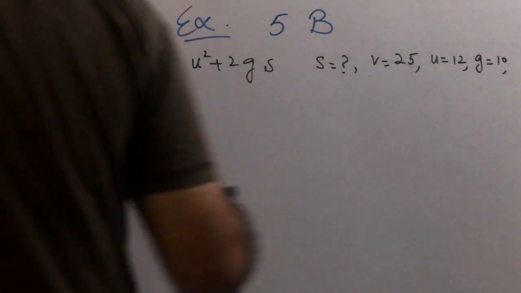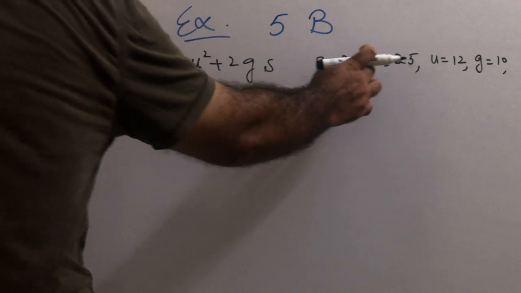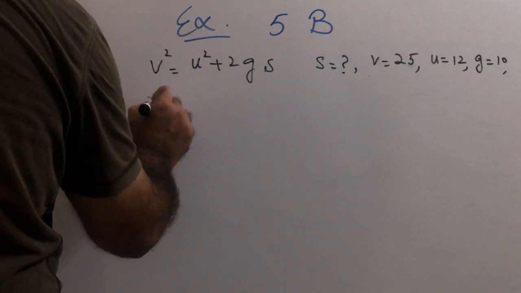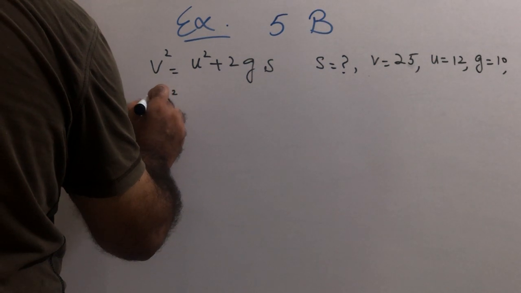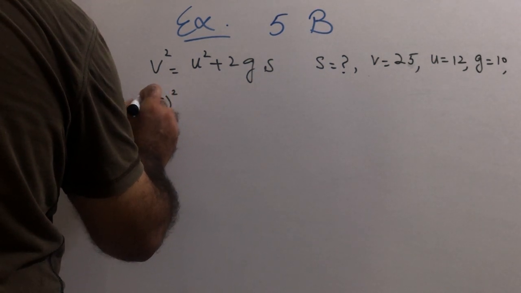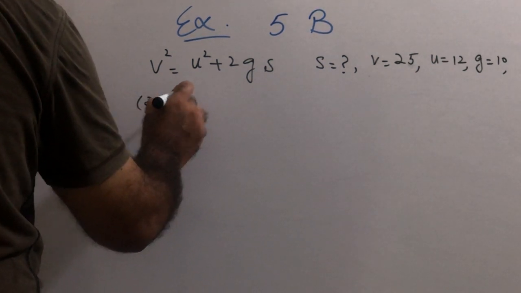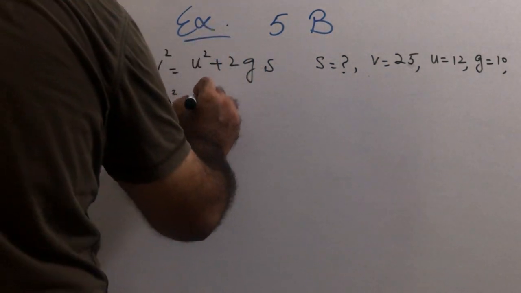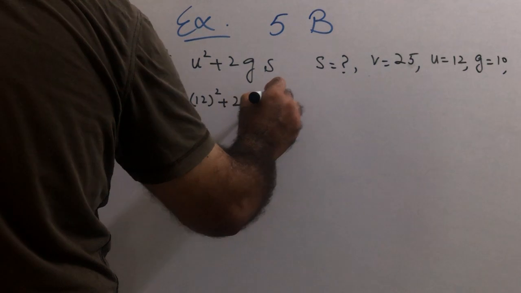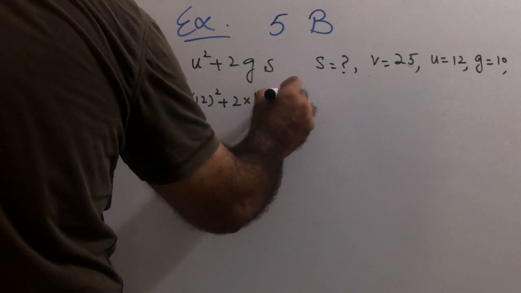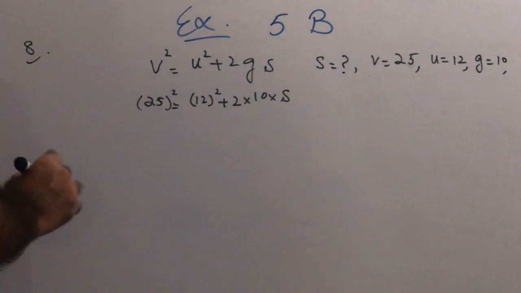Okay, so we will just plug in the values. V is given as 25, we will put 25 square. u is equal to how much? 12 plus 2, g is given as 10, s is unknown.